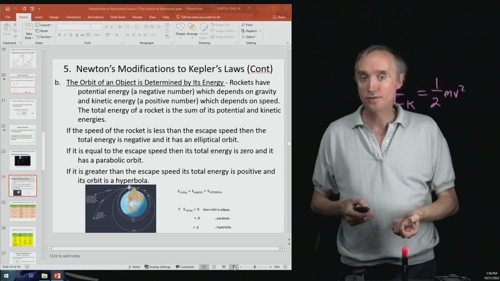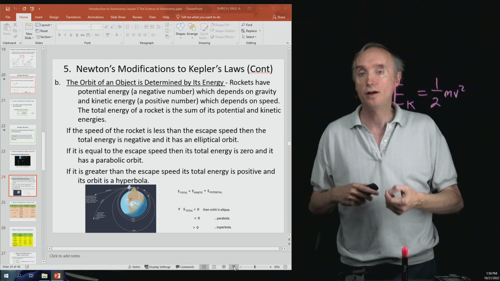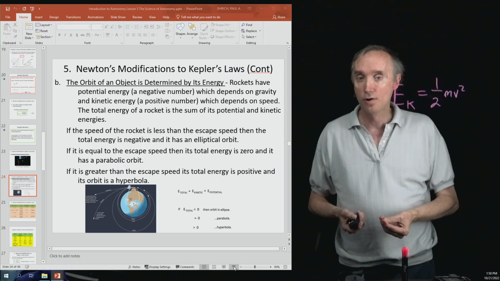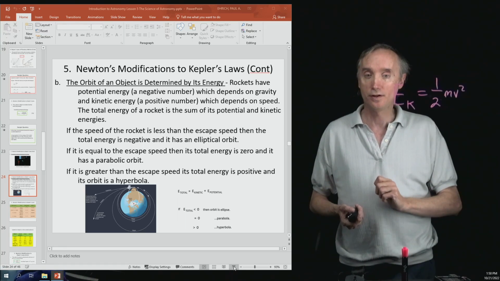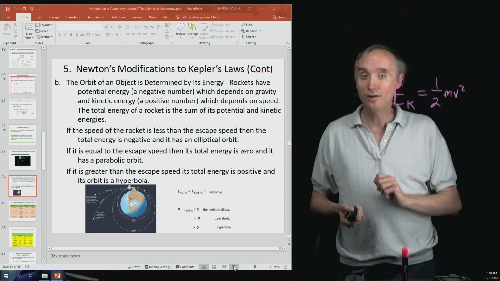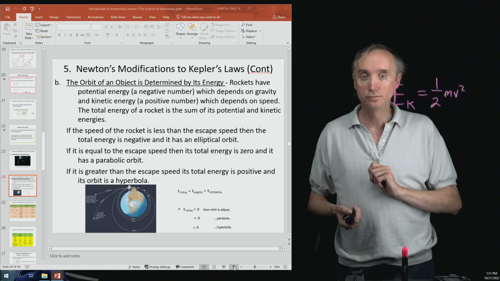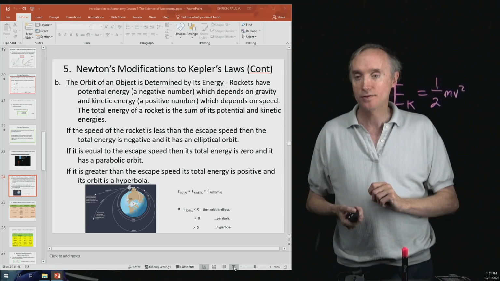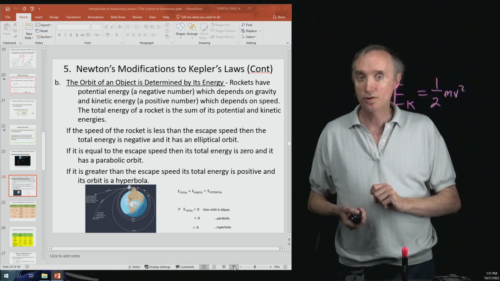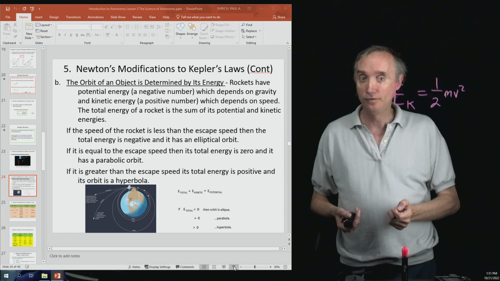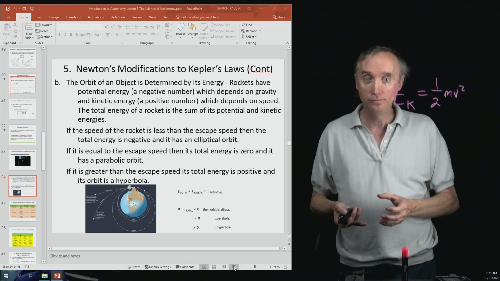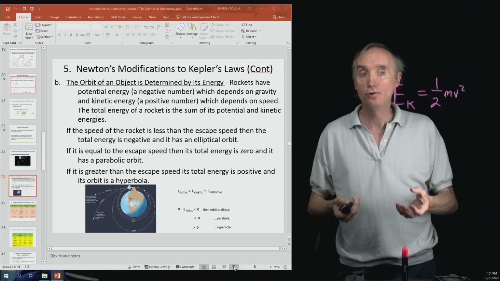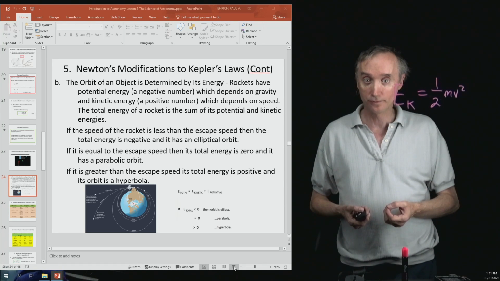And the question is, is the total energy a positive number, or a negative number, or could it even be 0? If the speed of the rocket is less than the escape speed, then the total energy turns out to be negative, gravity is winning, and it has a closed, elliptical orbit.